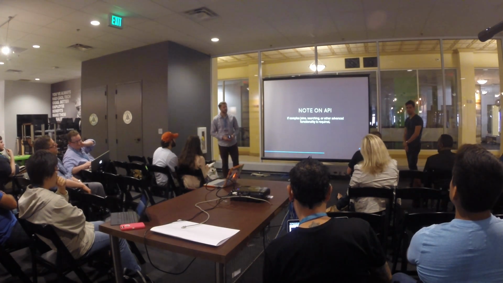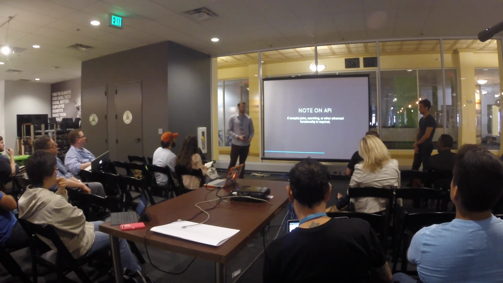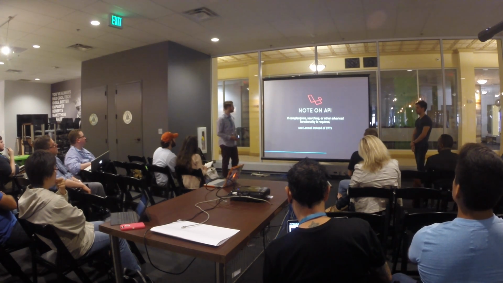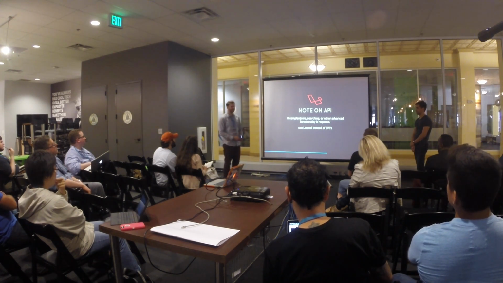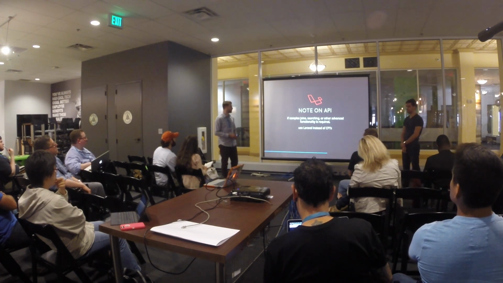So on the API, if you need complex joins, maybe custom post types aren't going to meet your need, so forget it. Put something else in there. Use Laravel. Use a different server entirely as your API. Think outside the box. Use Laravel. I really like Laravel. If you're going to use PHP, that's your best bet.